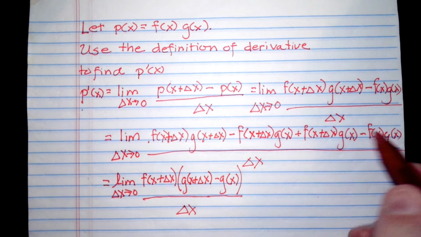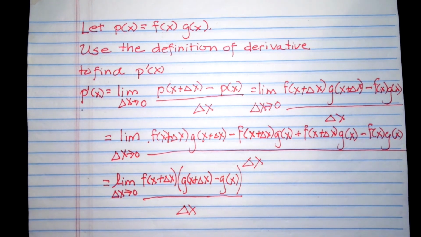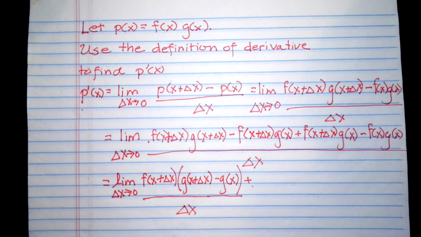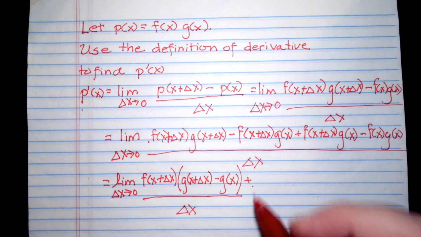And then I'm going to work with this separately. And actually, here's what I'm going to do. I'm going to do something a little bit more. I'm going to break this up into two pieces. So I'm going to take the limit of the first two and the limit of the second two terms.